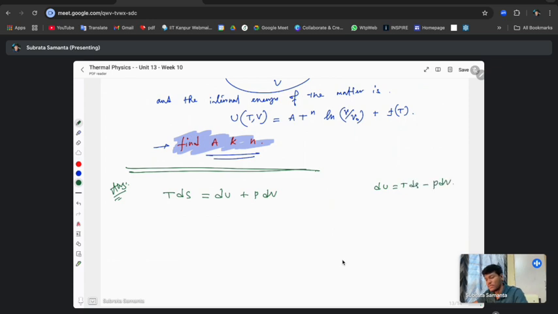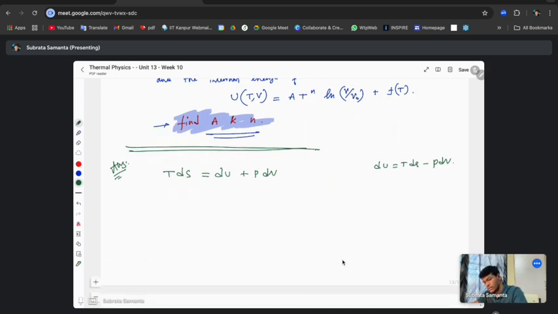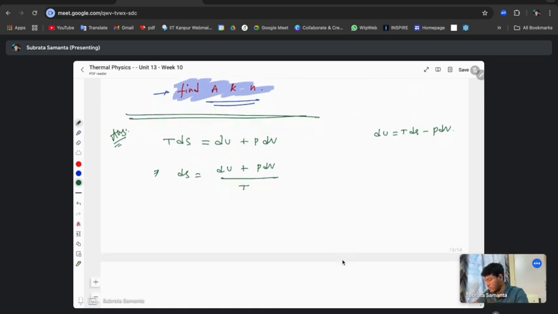So I wrote TdS equals dU plus PdV. This implies that dS is basically dU plus PdV over T, which is basically 1 over T. So now we can write that U is a function of T and V.